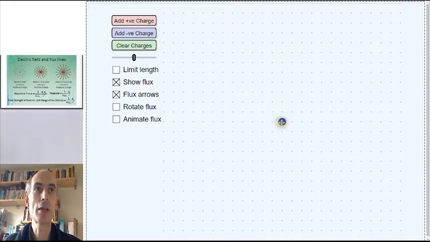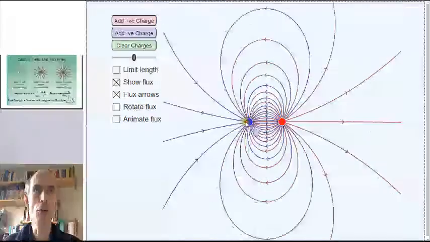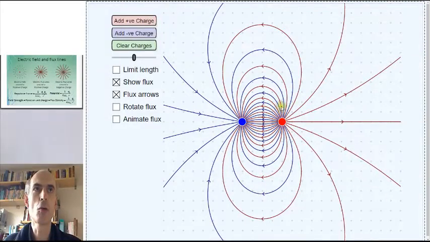If I move the negative charge slightly away, though, you suddenly see all of the flux lines emerging, and you'll see that flux lines emerge from positive charges, and they end up on negative charges. And this is where the analogy of light with flux breaks down a little bit. Positive charges you can think of like light bulbs.